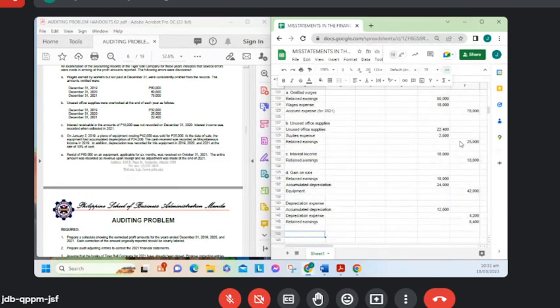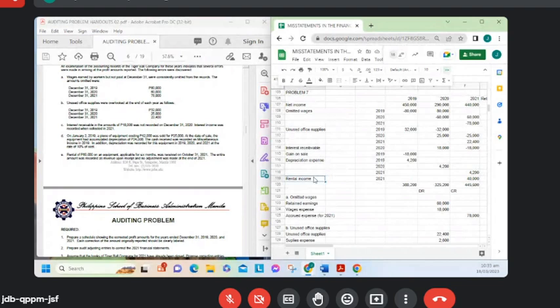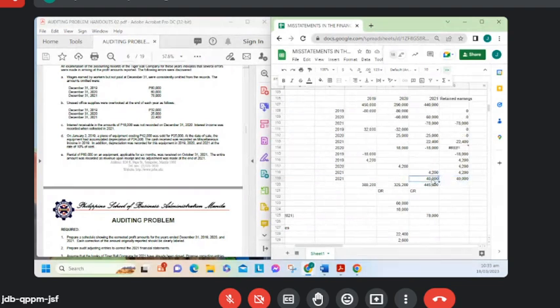And then letter E, the rental. What happened here? Retained earnings. Rental should be a deduction. Correct. Okay?